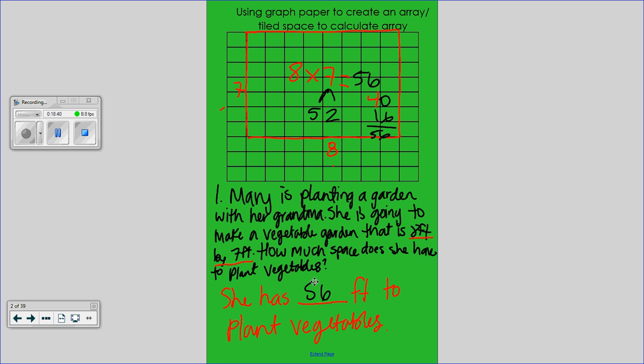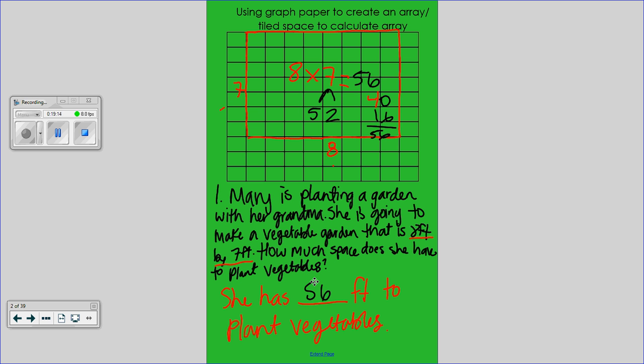Somebody tell me, what are the dimensions of her vegetable garden? Think about what that word dimensions means. If you have no idea, you could be looking in your glossary. What are the dimensions of her vegetable garden?